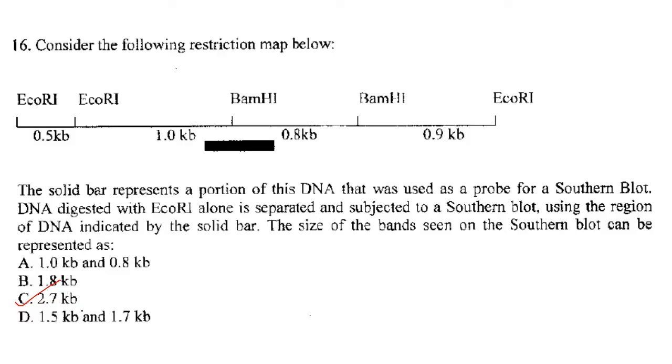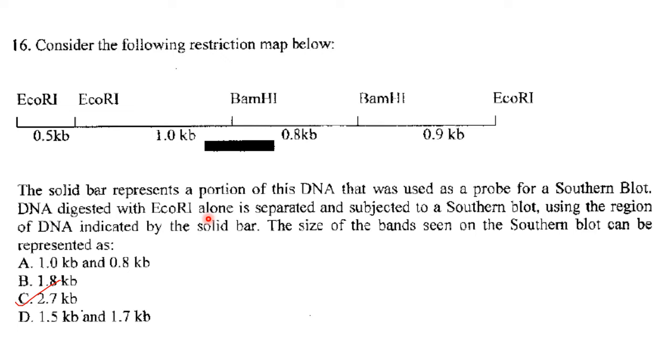Then next one. Consider the following restriction map below. The solid bar represents a portion of this DNA that has been used as a probe for Southern blot. So during Southern blot, the probe will bind to this region.